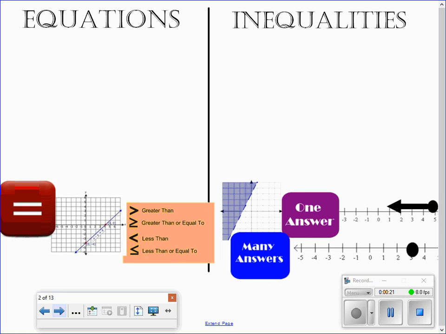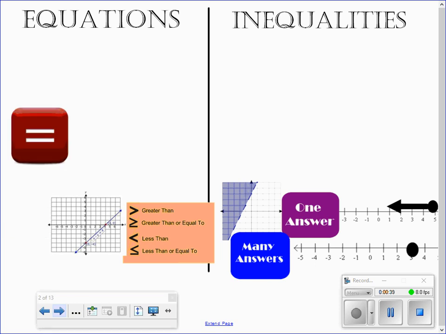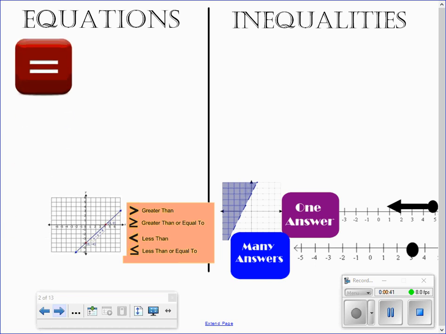For the last couple videos, we've been focused on equations with distributive property, combining like terms, and then solving equations with variables on both sides. But it's important for us to be able to recognize the difference and maybe even the similarities between an equation and an inequality. So in an equation, we have an equal sign. So it tells us that our solution is equal.